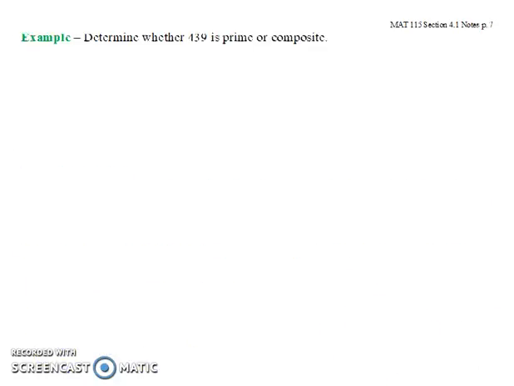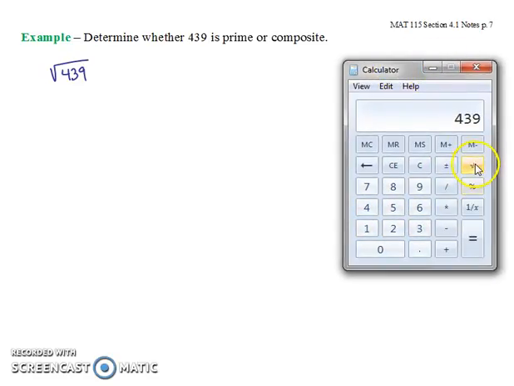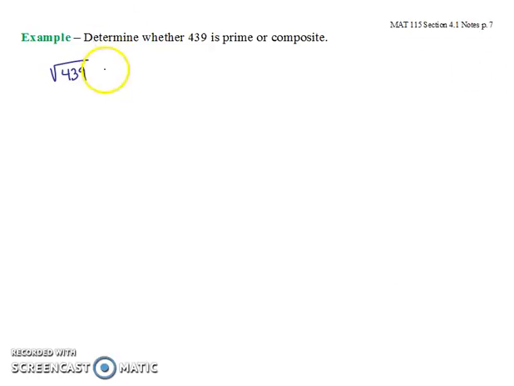Let's do a couple more examples. Let's determine whether or not 439 is prime or composite. So the first thing I'm going to do is take the square root of 439. It's between 20 and 21, I would say. Let's just check here. It's 20.9 something, so it is about 21.